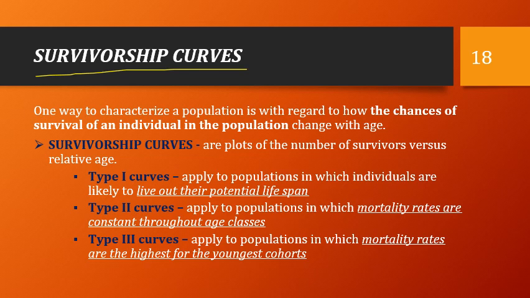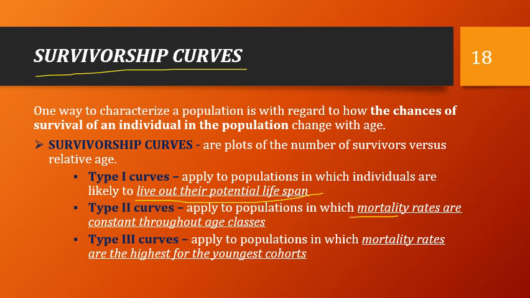When we say type 1 curves, it applies to populations in which individuals are likely to live out their potential lifespan. Take note of that. Type 2 curve applies to populations in which mortality rates are constant throughout age classes.